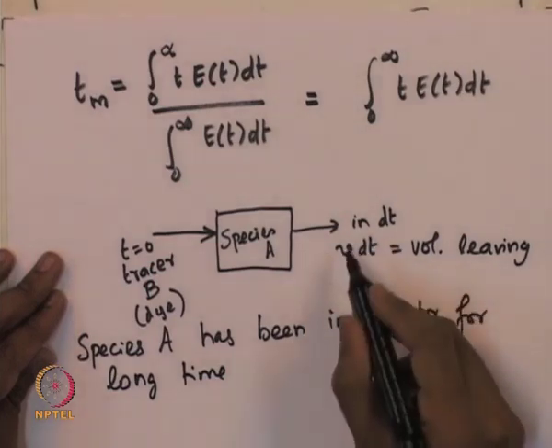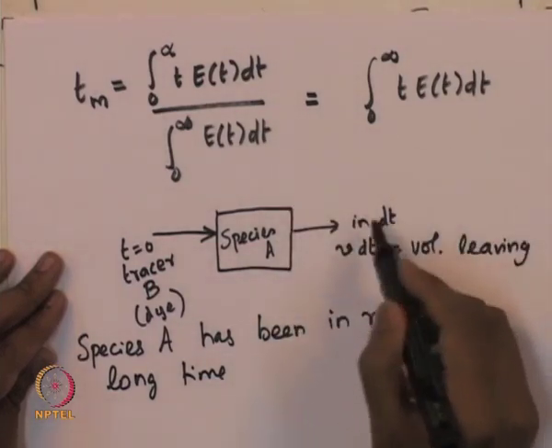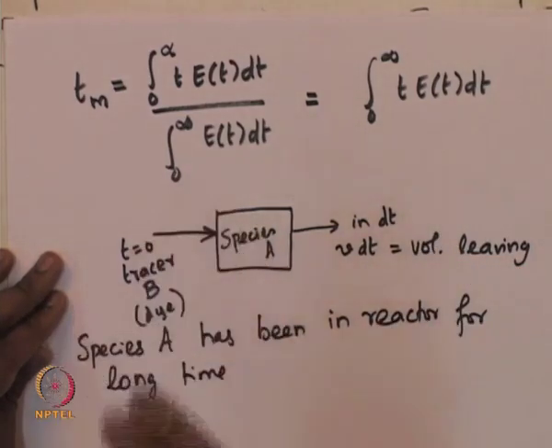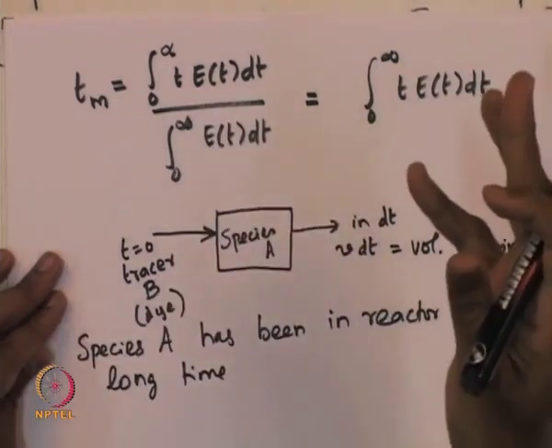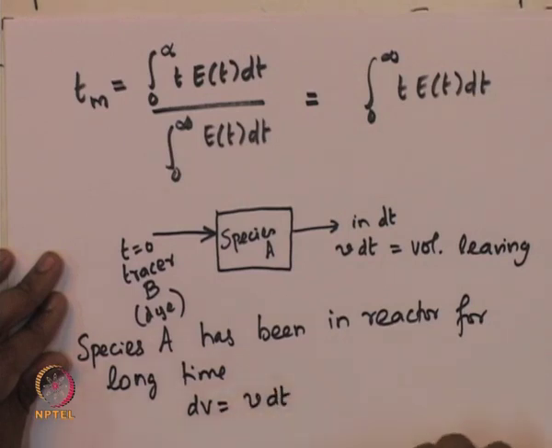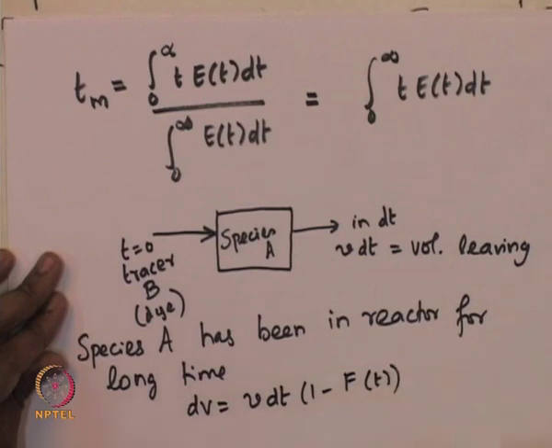Remember, v dt is the volume of the effluent leaving the reactor in this time dt. If you want to know the volume of species A leaving in that time delta t, it is given by dV, which is equal to the total volume of the fluid leaving the reactor multiplied by 1 minus F of t.